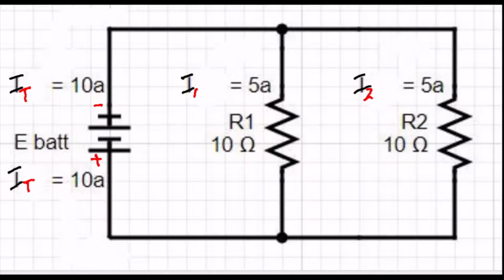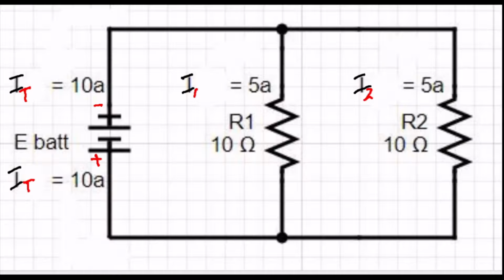So the first thing we ought to notice is that the total amperage of the circuit, both coming and going from the battery, is 10 amps. And yet the amperage at resistor number 1 and resistor number 2 are 5 amps.